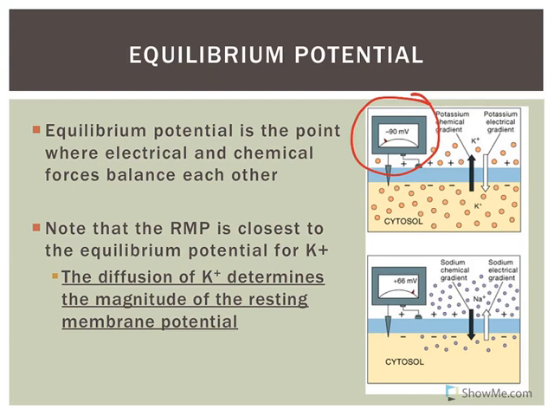So the big key thing to realize is that since the resting membrane potential is so close to the equilibrium potential for potassium, potassium plays a very important role in determining the magnitude of your resting membrane potential. So the movement of potassium plays a very important role in resting membrane potential.